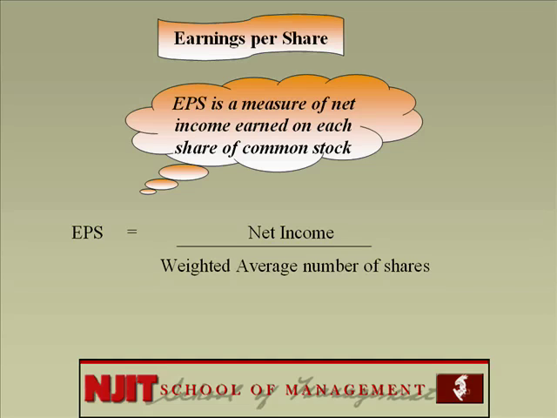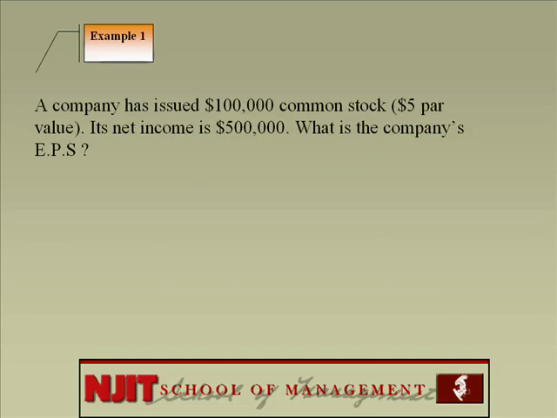What does weighted average number mean? We'll come to that later. Let's start off with a simple example. Look at this problem in front of you. Company issued 100,000 of common stock, $5 par value.